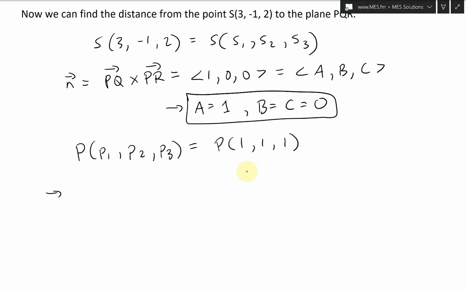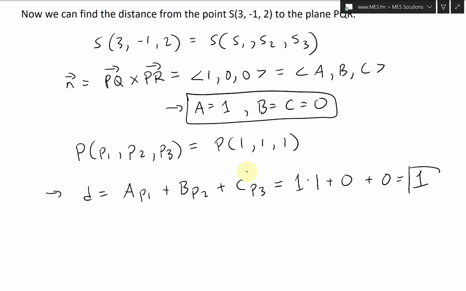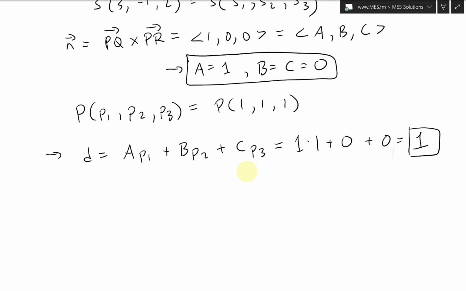So then this means that the lowercase d is equal to A P1 plus B P2 plus C P3, and A is again just 1, so 1 times 1 plus B times, well, B is 0. This equals 1, like that. All right, so d is equal to 1.